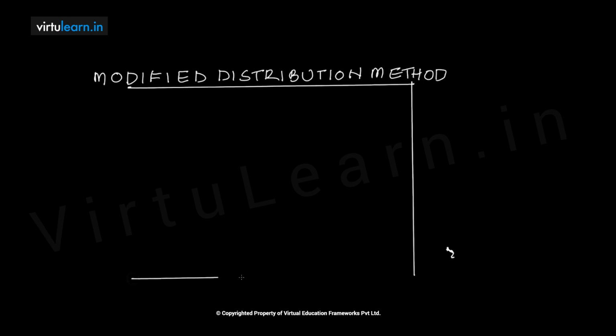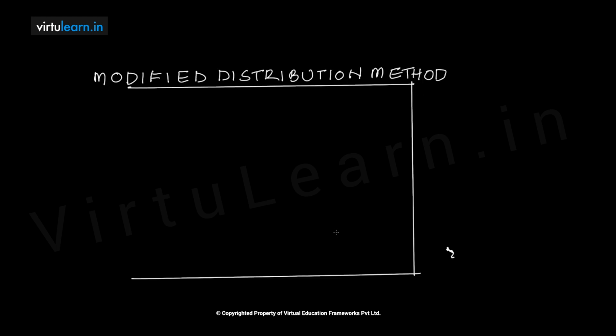And we'll take the same solution which we got in Vogel's approximation method. Since it is a test for optimality, we take the solution which we have obtained, which has the lowest cost, and now we try to check for optimality. Checking for optimality indicates whether we can still further reduce the cost or not.